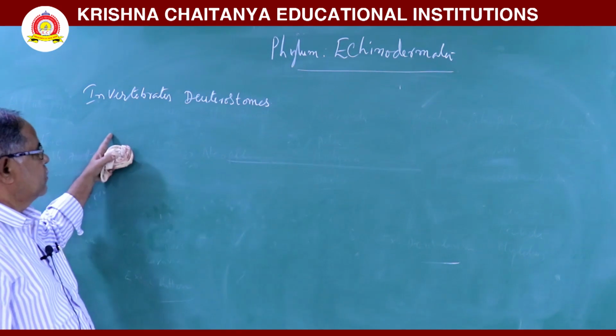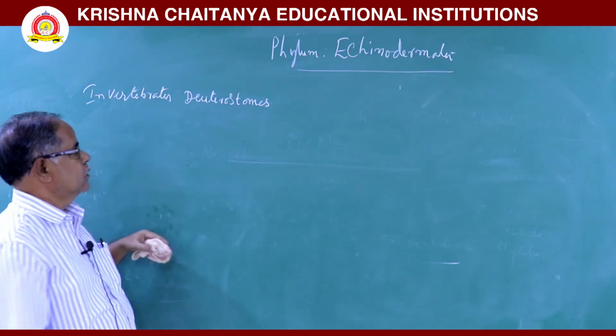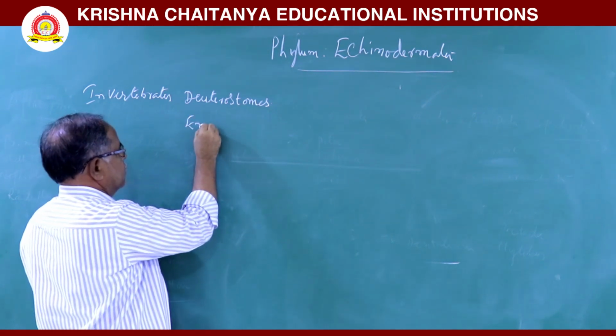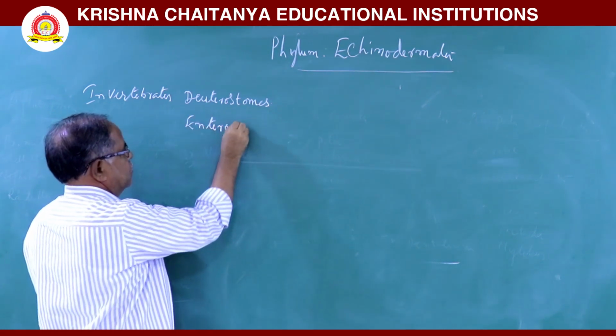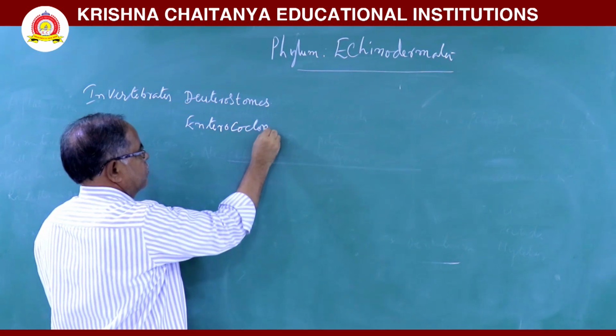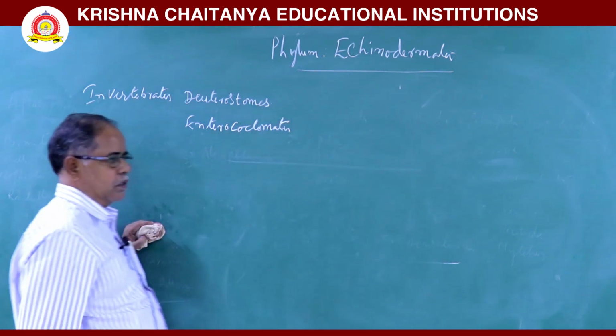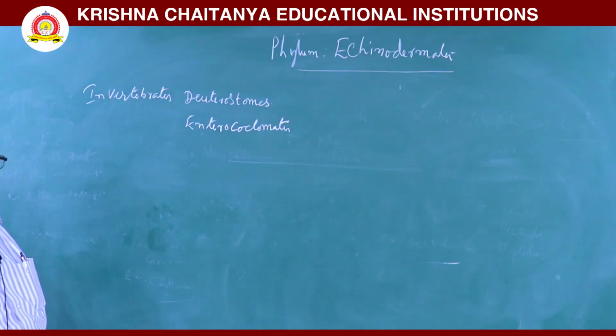Echinoderms are invertebrate, deuterostomes, and enterocoelomates. Here, true coelom is there. That true coelom is enterocoelom.